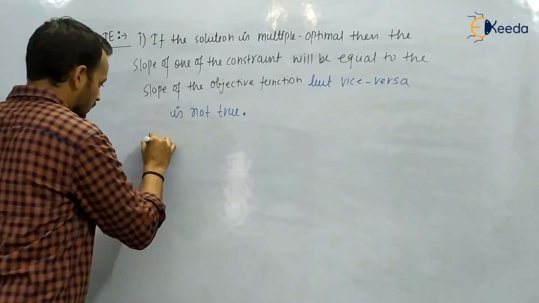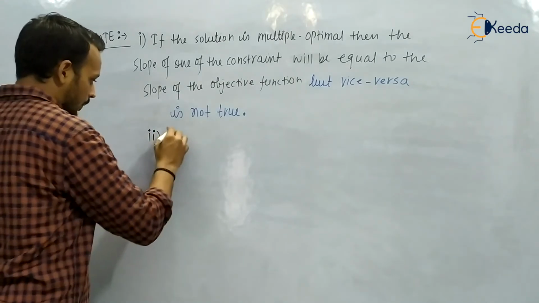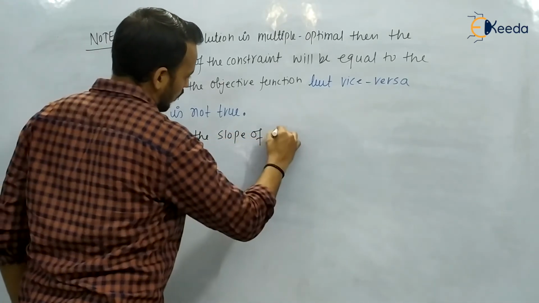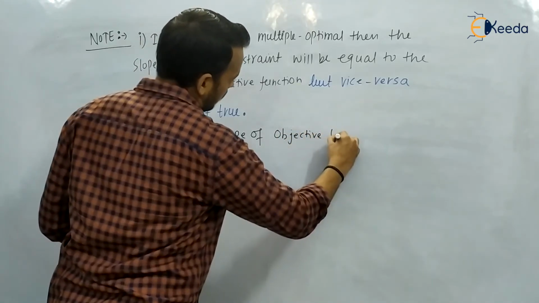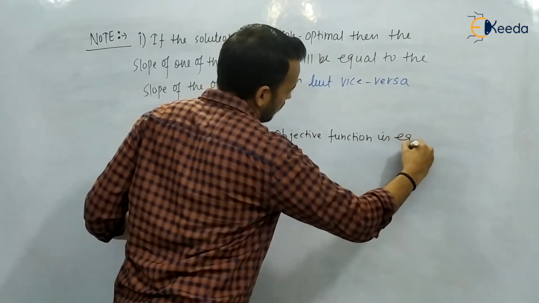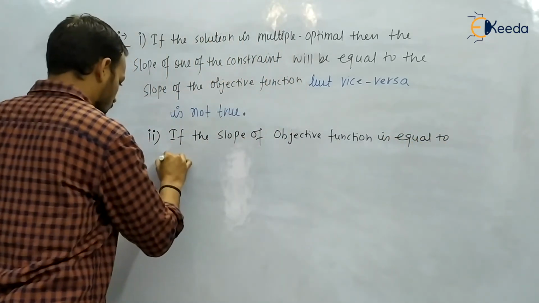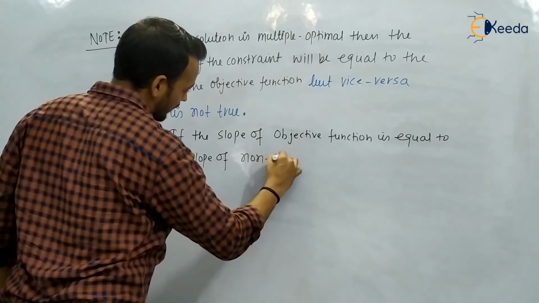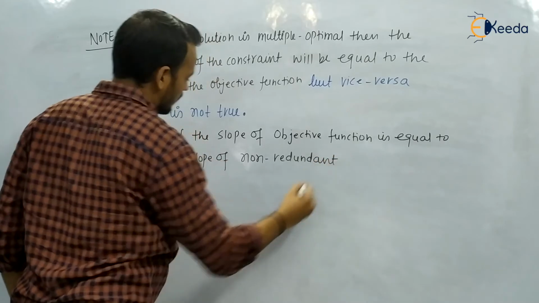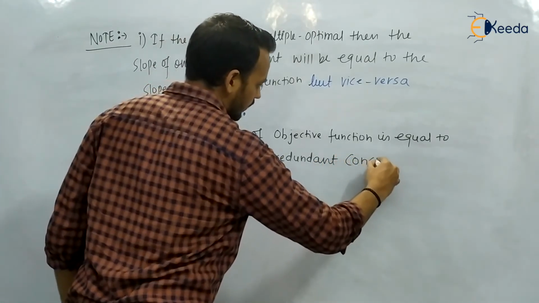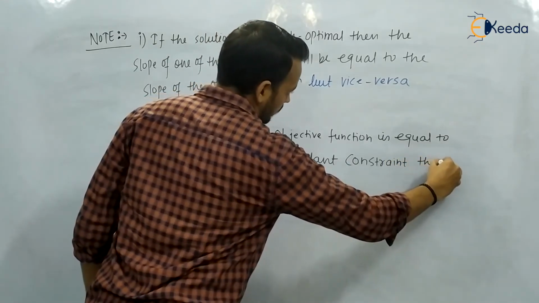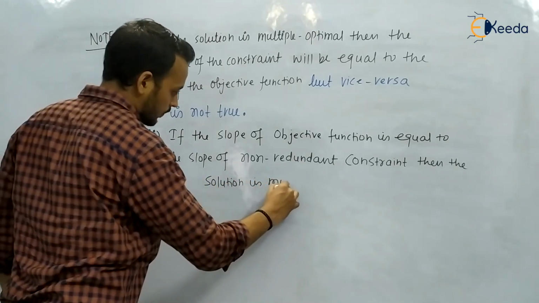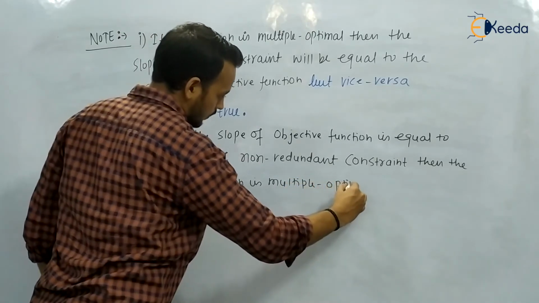And the second point you can write: if the slope of the objective function is equal to the slope of a non-redundant constraint, again I am writing, the slope of the objective function is equal to the slope of a non-redundant constraint, then the solution is multiple optimal.